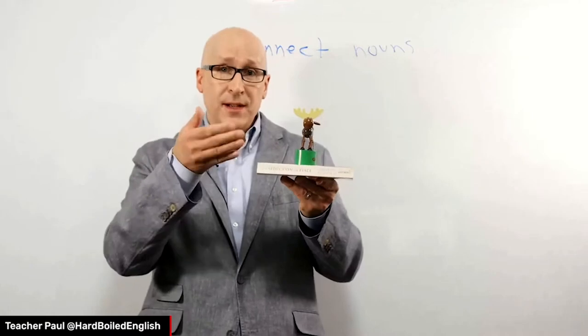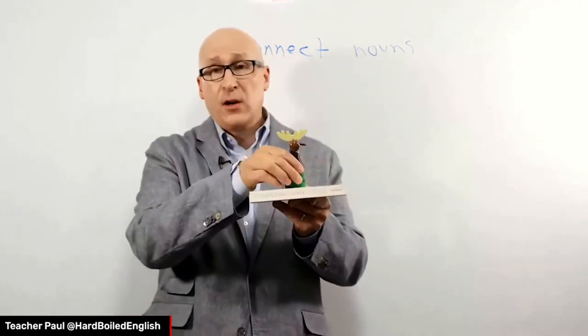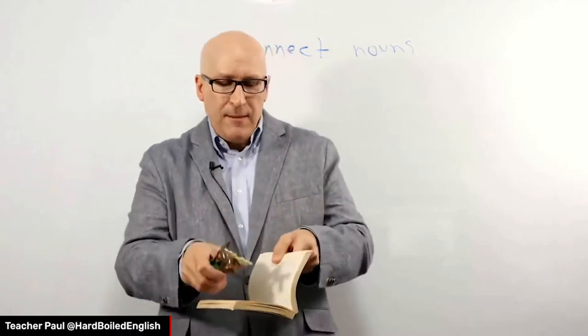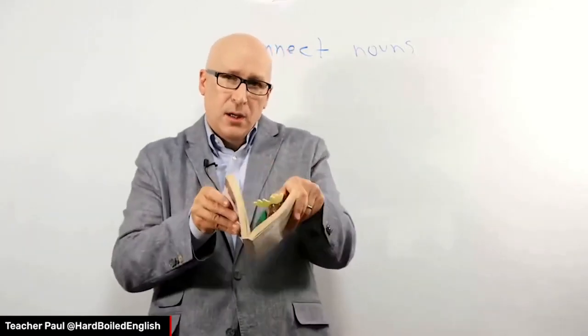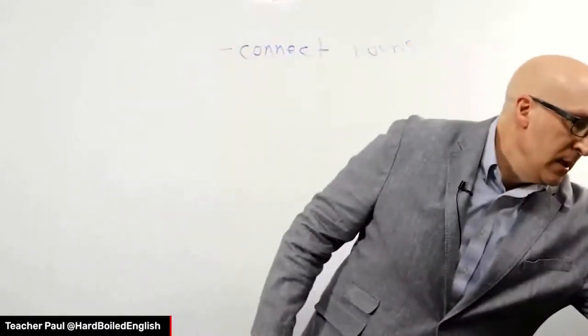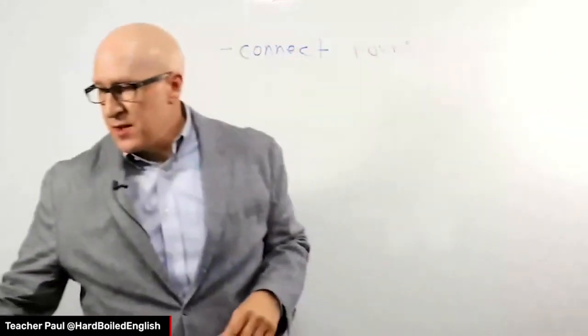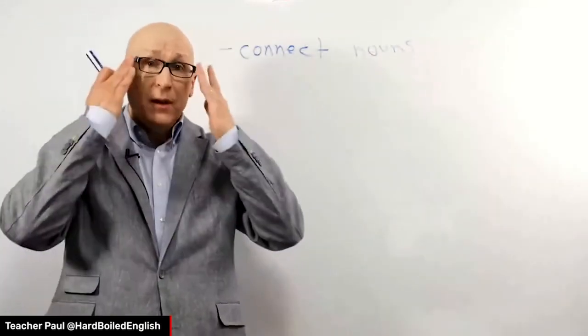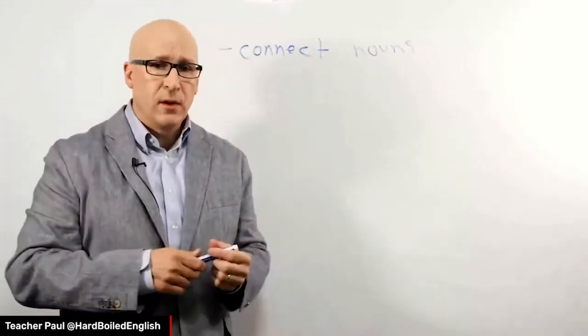I know where it is in space. I could also say moose under book. I could even say moose in book, right? It'd be strange, but I could. So prepositions connect nouns with other words, including nouns, but not limited to nouns. It can also be verbs and other things.